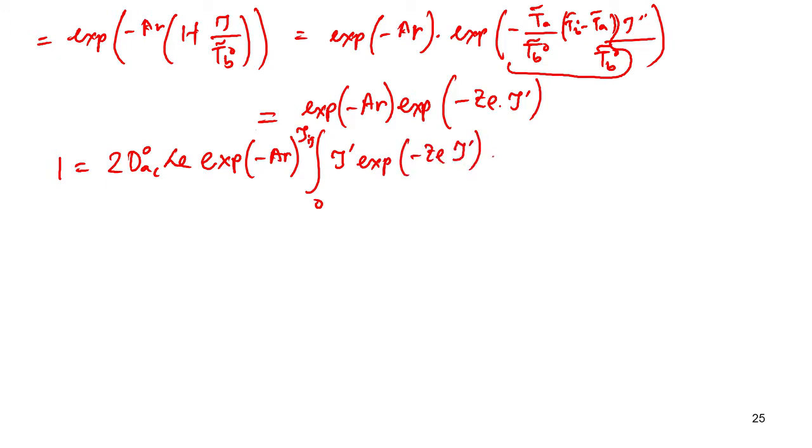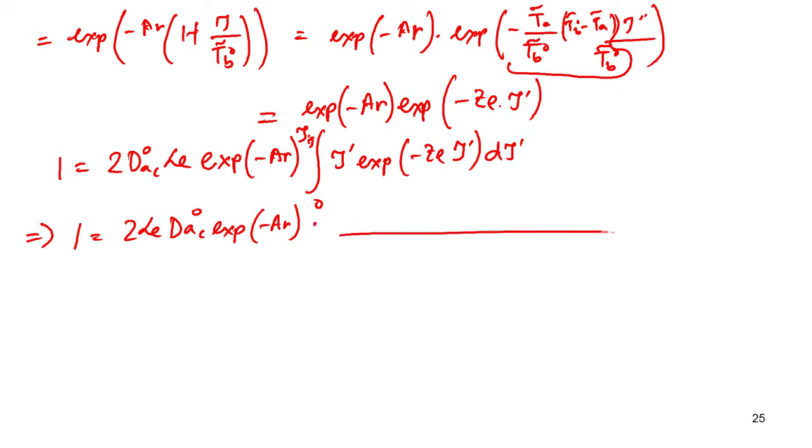Now, this is only within the inner layer, just remember that. So this is the integral that we get. If you integrate this further, the integral becomes Zeldovich number squared in the denominator times 1 minus (1 plus Zeldovich number times tau) e to the power of minus Zeldovich number tau.